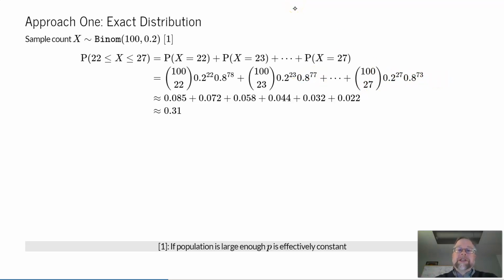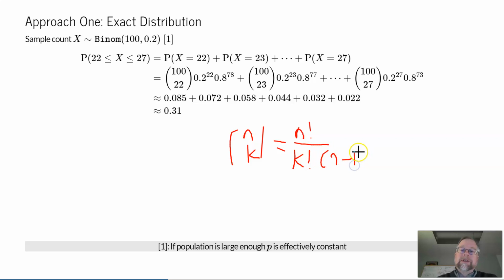So we calculate those things up, and again recall that n choose k is n factorial divided by k factorial times n minus k factorial.